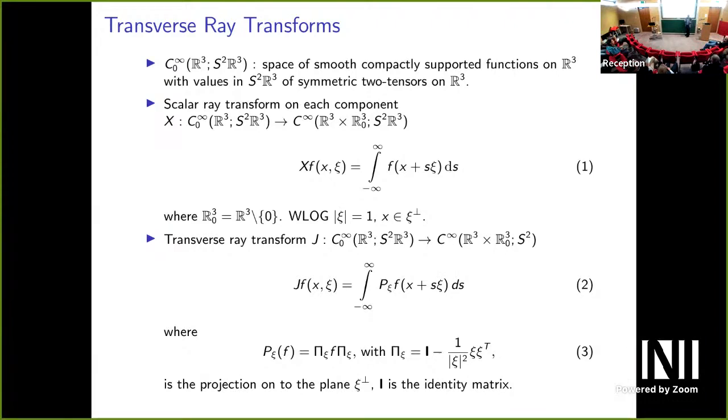So what are we going to integrate? Well, we could just integrate each component like it was 6 scalars, but there's a couple of natural things to do which depend on the direction, right?